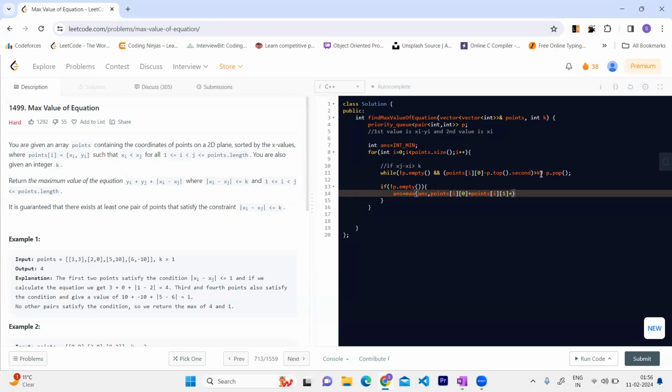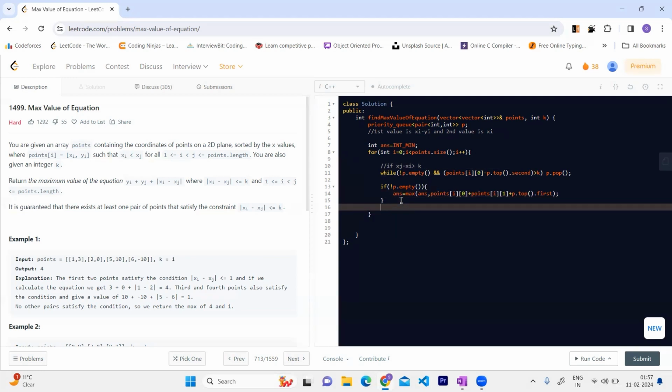Now what will we have, p dot top dot first, right? What's the first value over there? This one is the first value, which is xi minus yi, right? So now this will be directly stored into our answer.